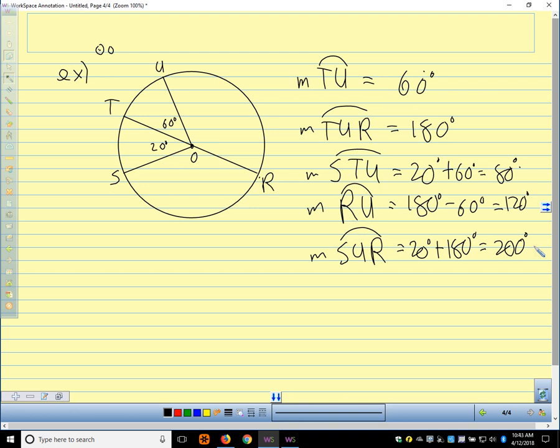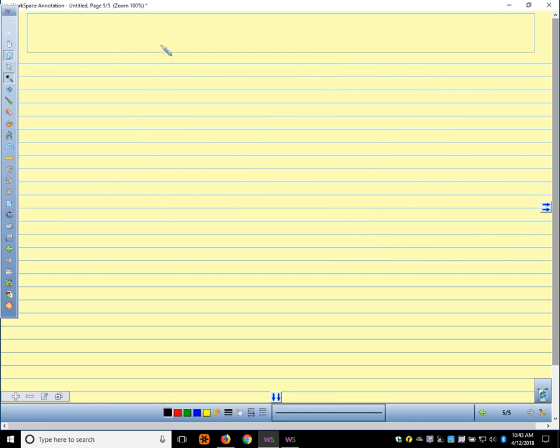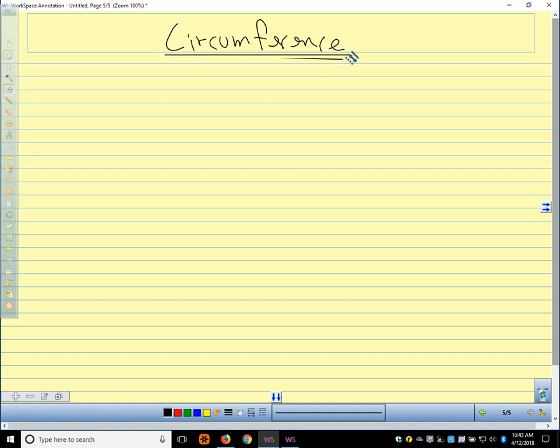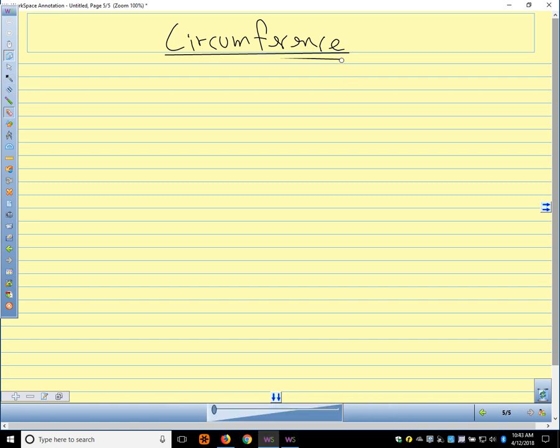We're going to measure arcs in a different way as well. One way that we measure arcs has to do with the angle. The other way has to do with the length of the arc. So we need to remember about the circumference. We talked about this the other day. The circumference of a circle is kind of like the perimeter.